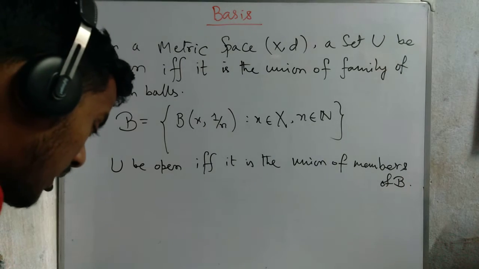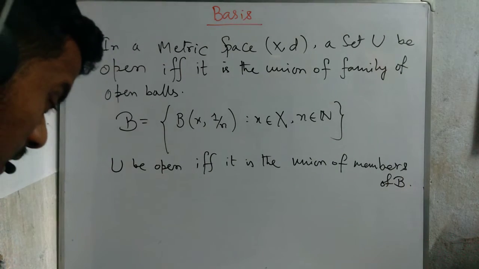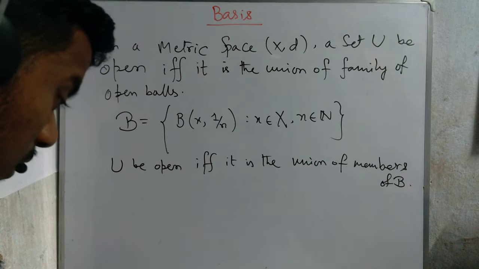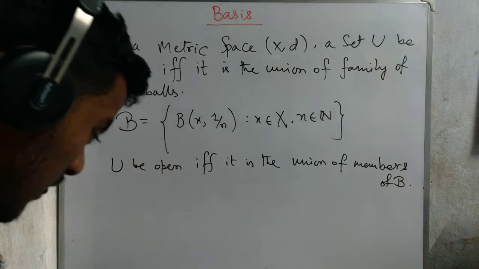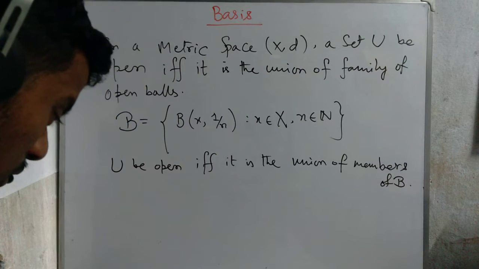Then what we get? We also get that X is the union of members of B. The collection has the union of the collection. Then this collection has the following properties.